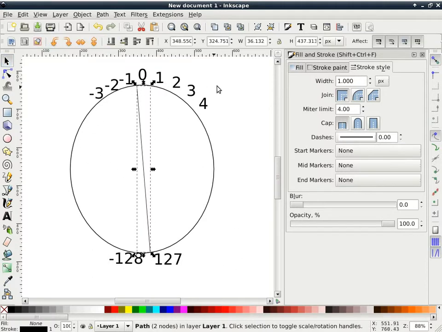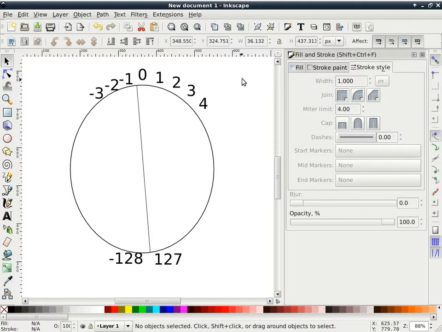How many non-negative values do we have? 128 non-negative values, because we are counting 0 as non-negative. How many negative values do we have? From -1 to -128, we have 128. So this is an even split. We have half of it representing non-negative numbers and half of it representing negative values.